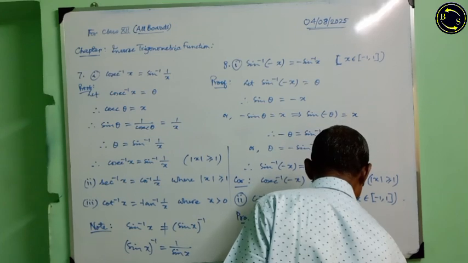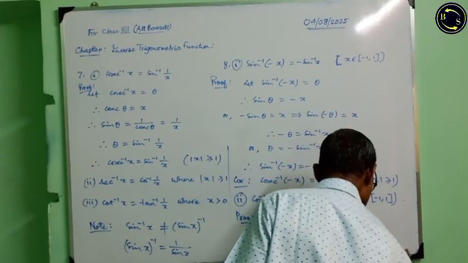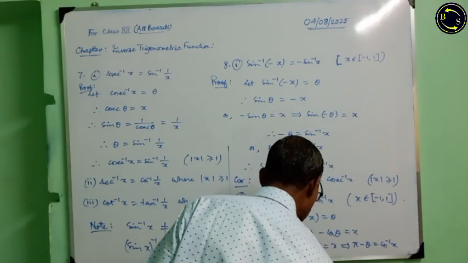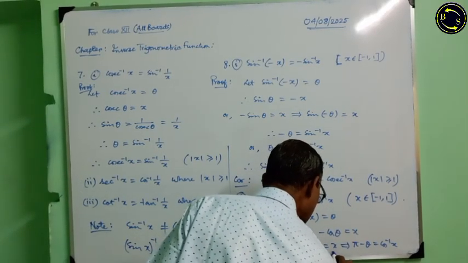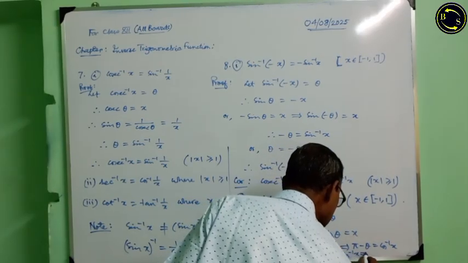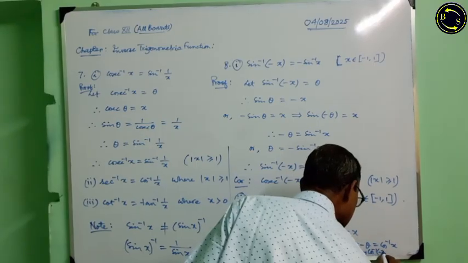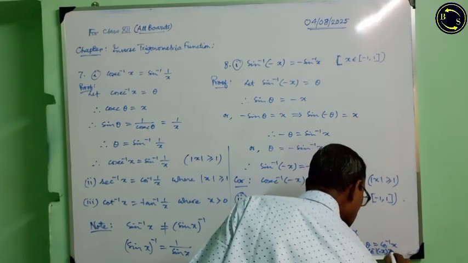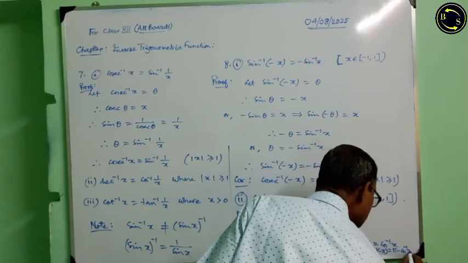Therefore, pi minus theta equal to cos inverse x. From that, theta equal to pi minus cos inverse x, that is cos inverse of minus x is equal to pi minus cos inverse x.